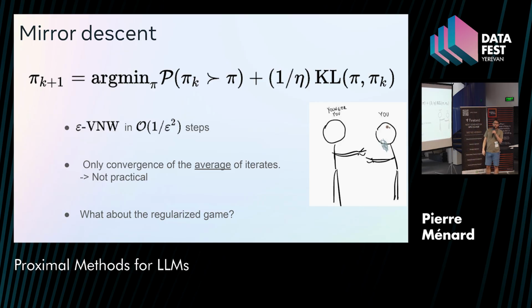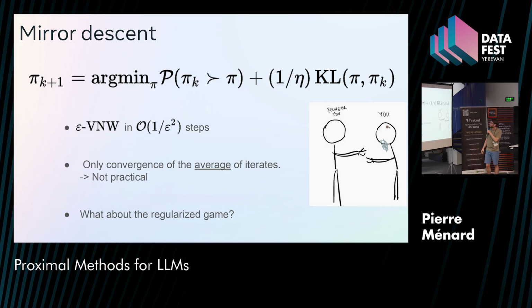But there is one big constraint: it only converges on the average, only if you average the iterates, those policies. It's not practical, of course, because you don't want to keep in memory all these LLM checkpoints for each step.